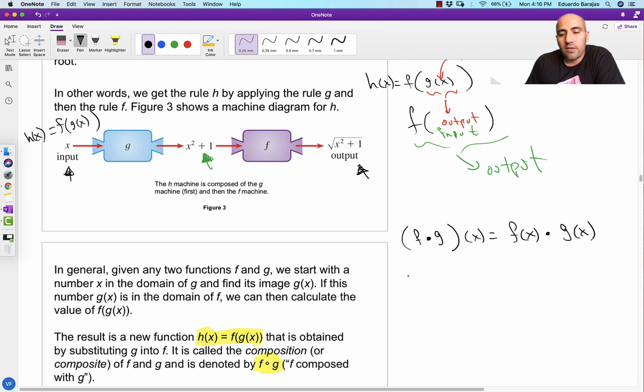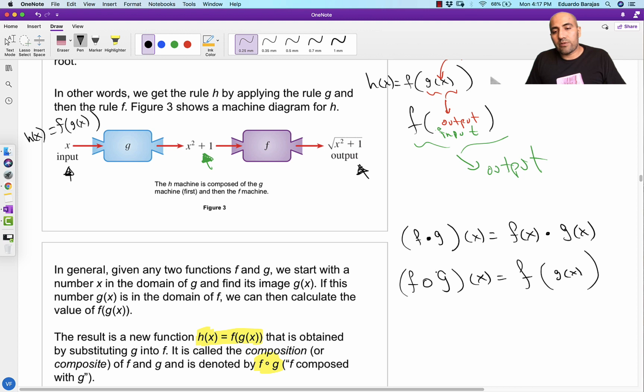That's multiplication. Here we have this little open circle like that, and I'm exaggerating it, and it means that we're going to have f, and then we're going to plug into it the g of x. Right, so notice how this is going to go in this direction. We start off with the g, and then we plug that into the f. So it kind of goes in this direction.